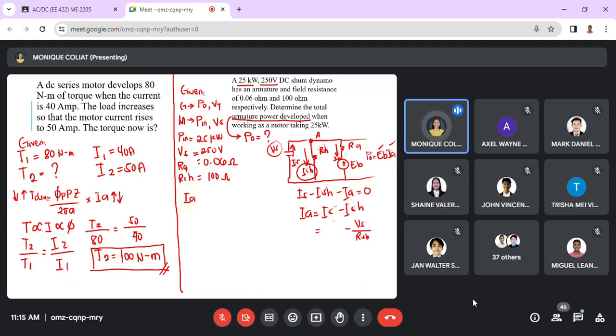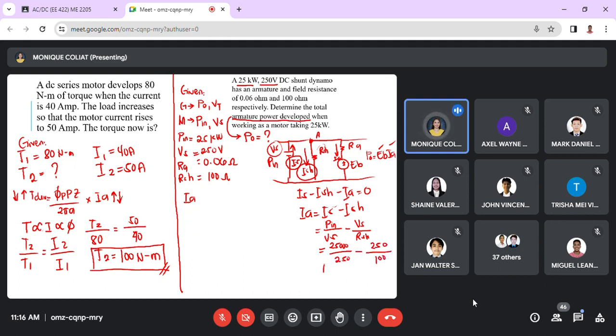Then, to get IS, we have a given input power. So, that will be Pin divided by VS. So, that is your IA. That will be 25,000 divided by 250 minus 250 divided by 100.